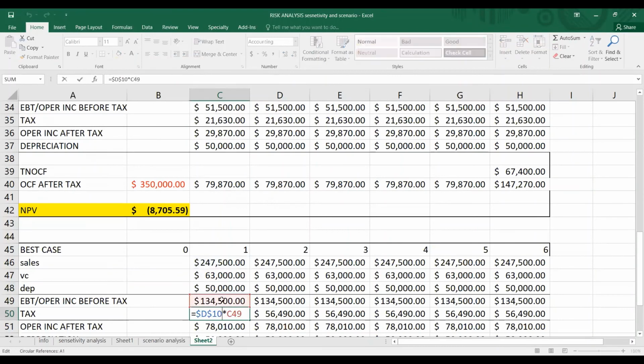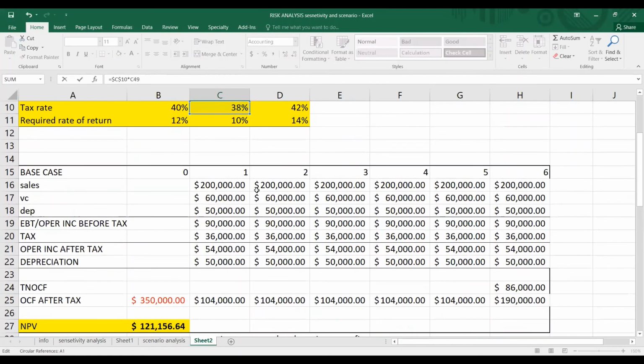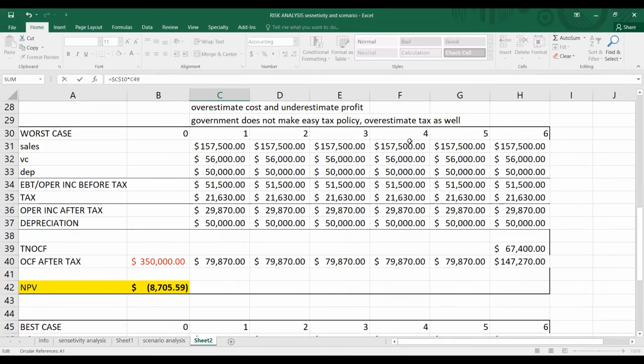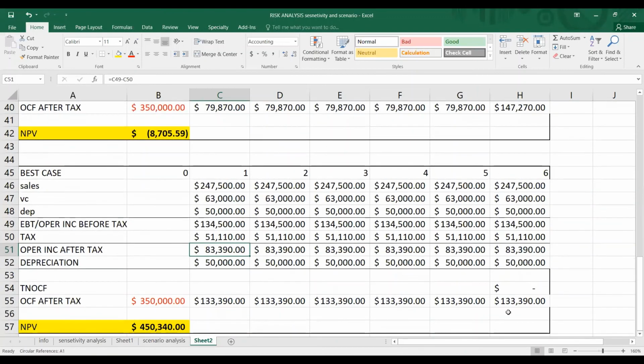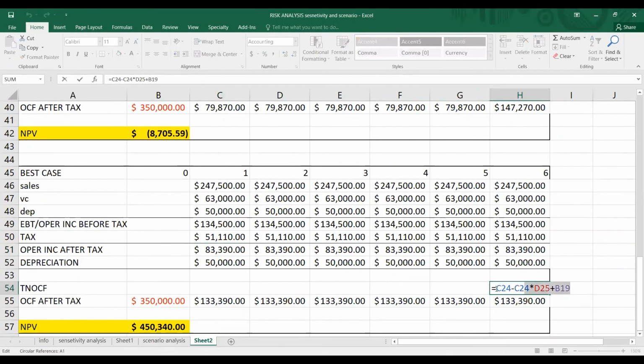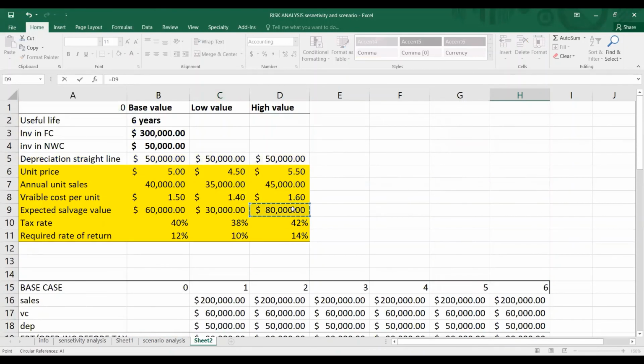And the tax rate, let it be lower. We underestimate the cost because we agreed the tax is a cost. And estimation of expected salvage value. So we are selling for high minus this times the tax amount, plus the net working capital.